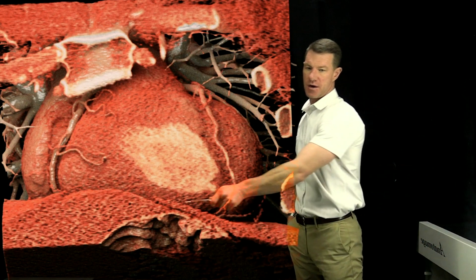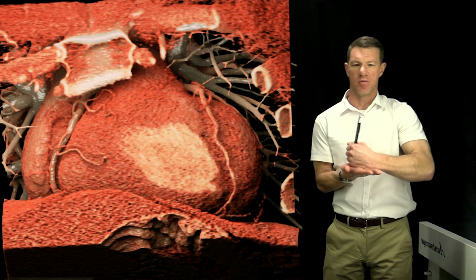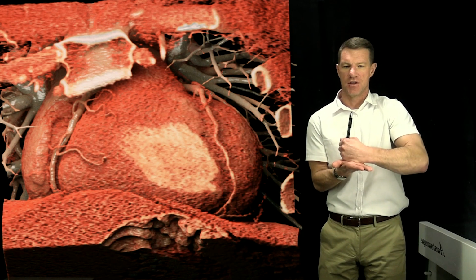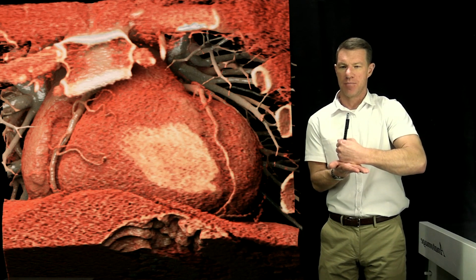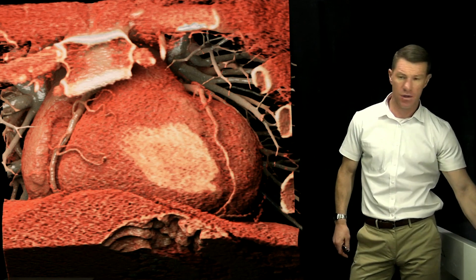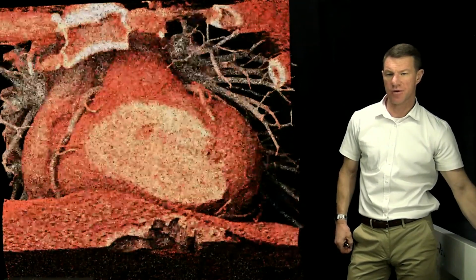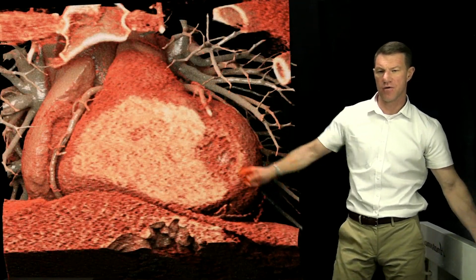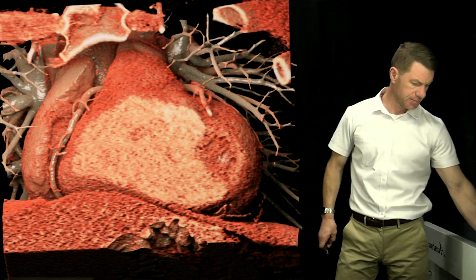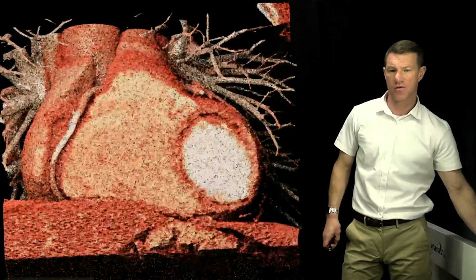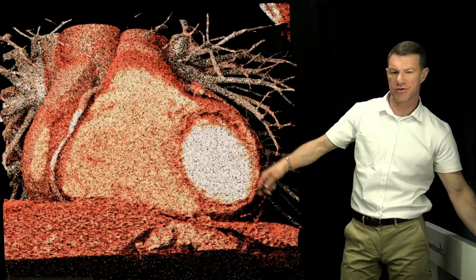What you see down here is the diaphragm. So remember, the base of the heart sits right on that diaphragm. If I continue in a little further, you'll see we're into the right ventricle. If I go in a little further yet, we see the left ventricle start to appear.